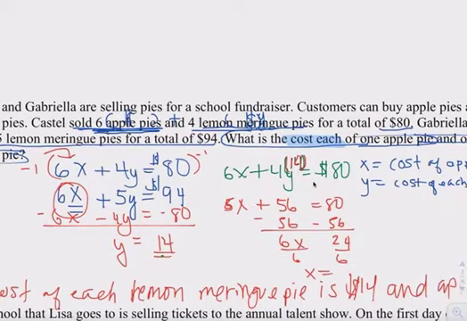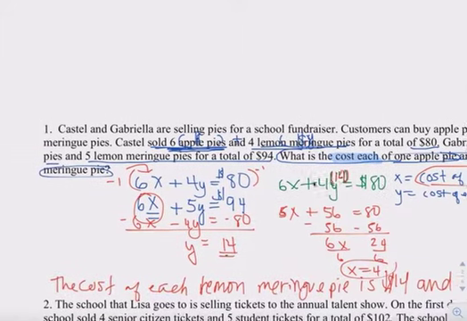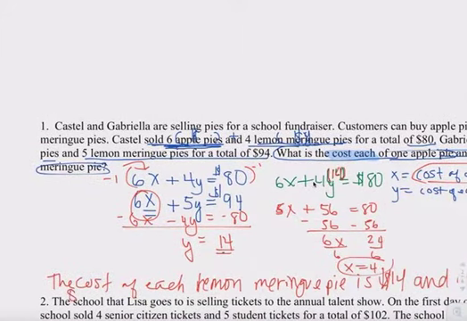X is 4, and x stands for the cost of each apple pie. So the apple pie is $4 each.